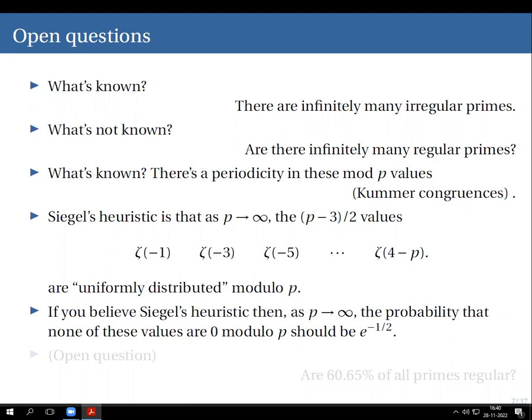As p goes to infinity, if you just do the calculus limit, it's e^(-1/2). So the probability that a prime is regular is e^(-1/2), which is about 60.65%, and this is unknown. So we actually expect more regular primes, but it's not known that there are infinitely many regular primes.